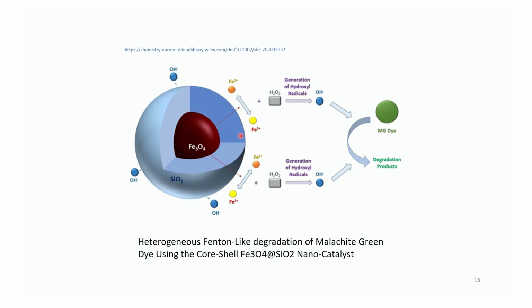The same reaction that I've already explained before, it is generating hydroxyl radicals, which are highly reactive species, and these are going to break down your MG dye into degradation products via the redox cycling of Fe2+ to Fe3+ to Fe2+. That's the redox cycling that is happening over here.